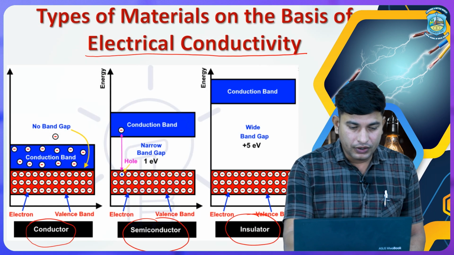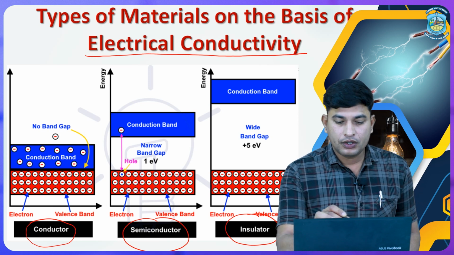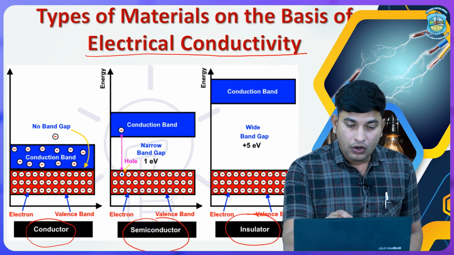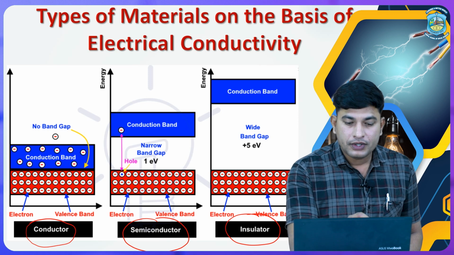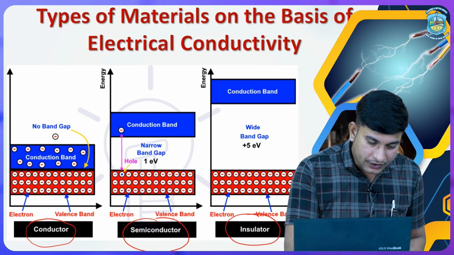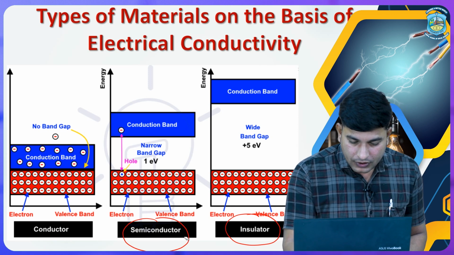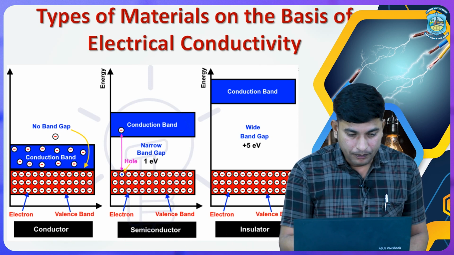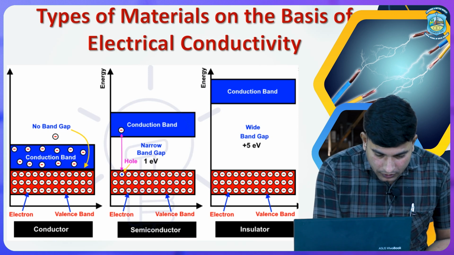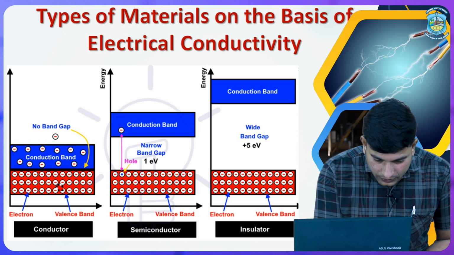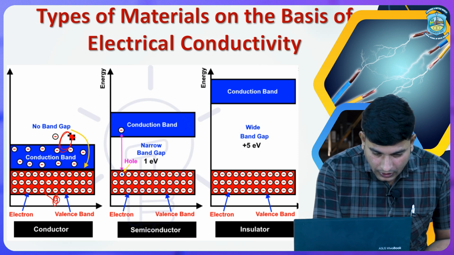So this is the description of the type of materials on the basis of electrical conductivity, meaning whether they are conductor, semiconductor or insulator. See, these are the electrons and this portion is the valence band, this portion is the conduction band.